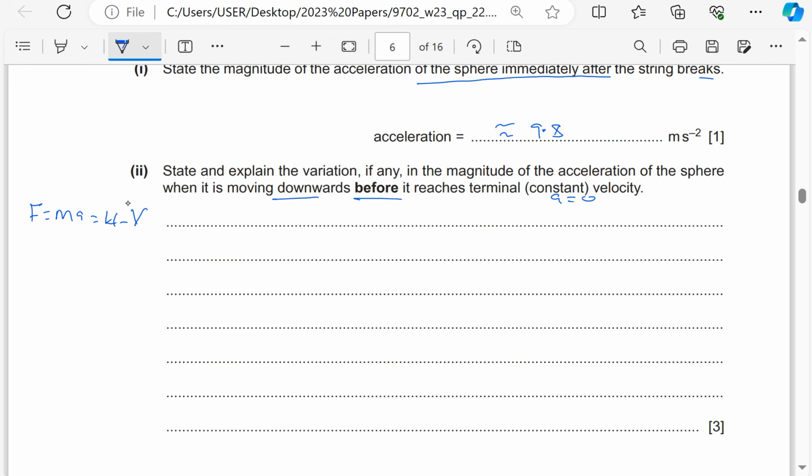So as it falls, viscous drag is directly proportional to speed squared. Viscous drag or air resistance increases with the speed. So as speed increases when it is falling, v increases. That means the difference becomes smaller. That means the resultant force decreases, which means the acceleration also decreases.